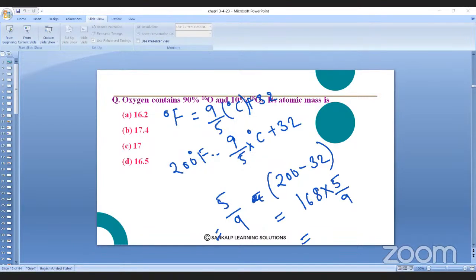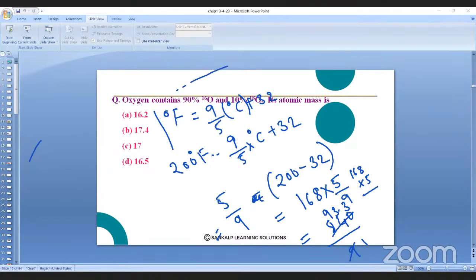When you multiply 168 into 5, it comes to 840 divided by 9, so the answer is 93.3.